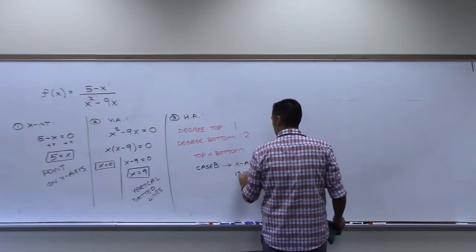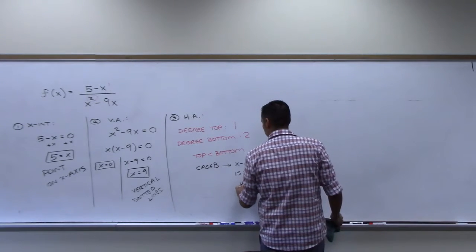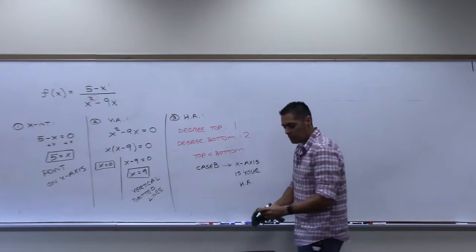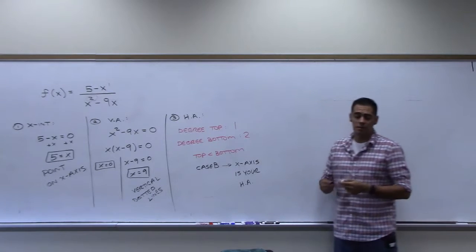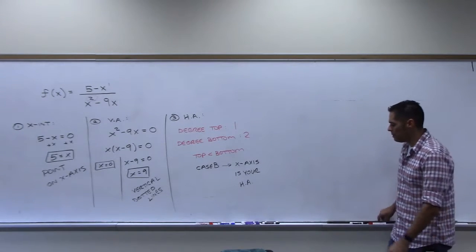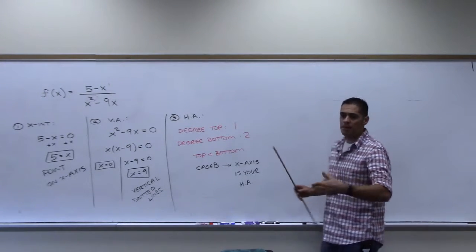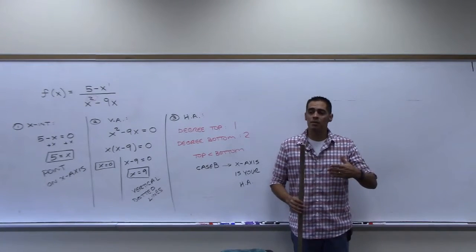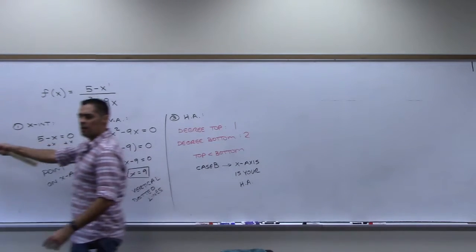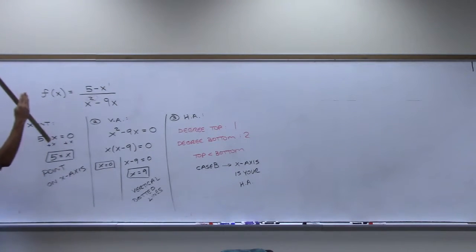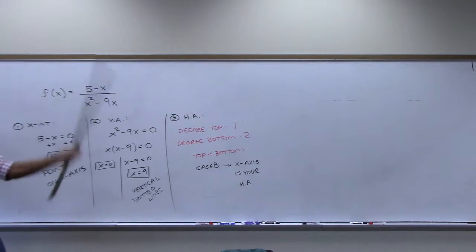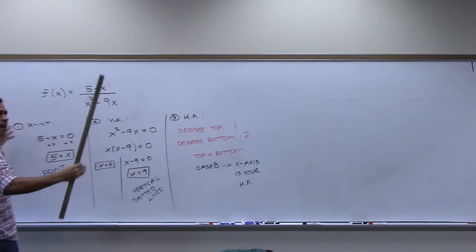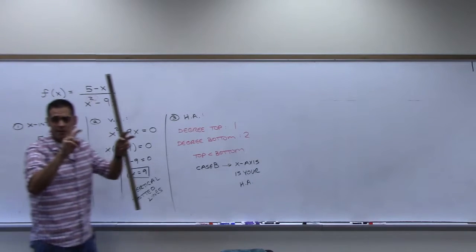is your horizontal asymptote. I want to make sure you understand something important about it. Do you remember with the polynomials, that table that I drew over here, where it showed up, up, down, down, down, up? That told us about what we called end behavior.